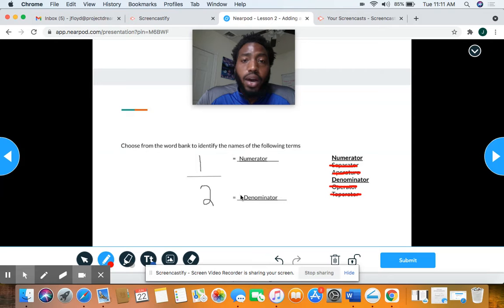Me and my wife, we have a common interest in foods. Me and my neighbor, we have a common street where we live on. So common is the same. So when we're thinking about our common denominator, we're looking to have our same denominator, or that same bottom number, as we go through our problems today.